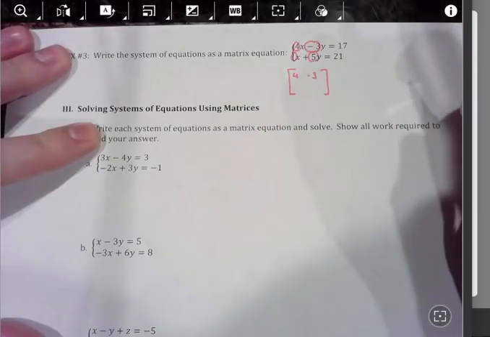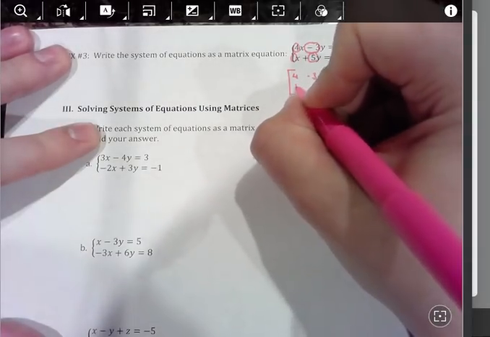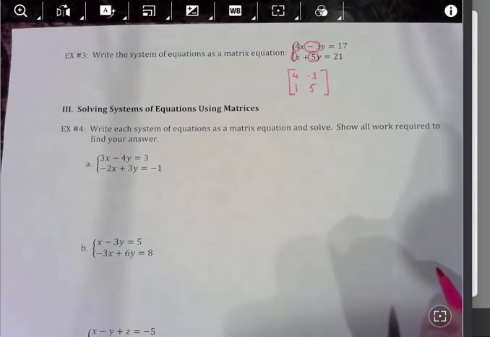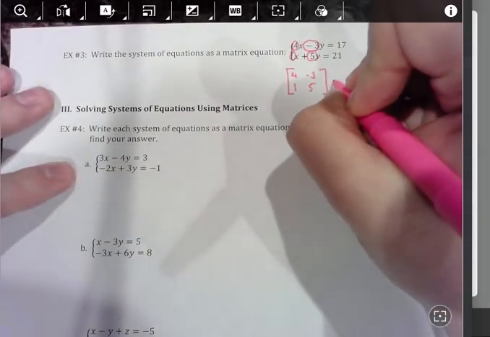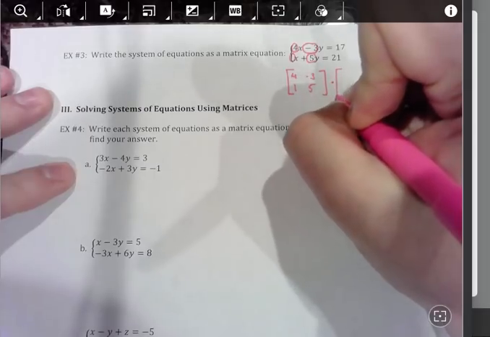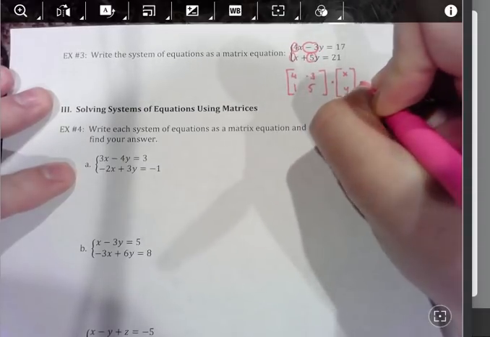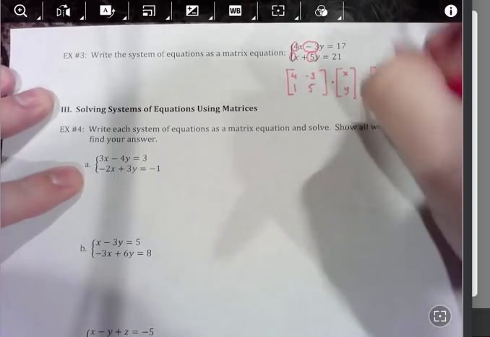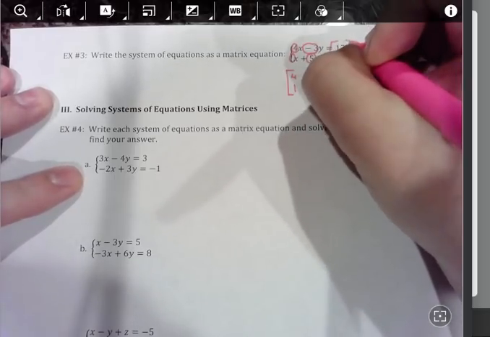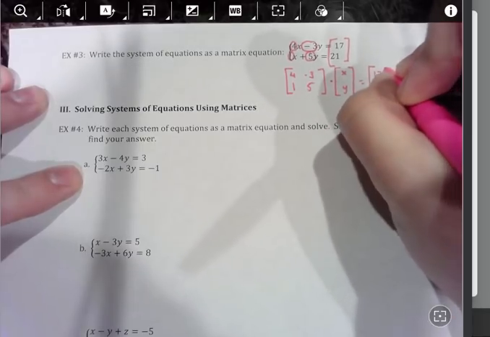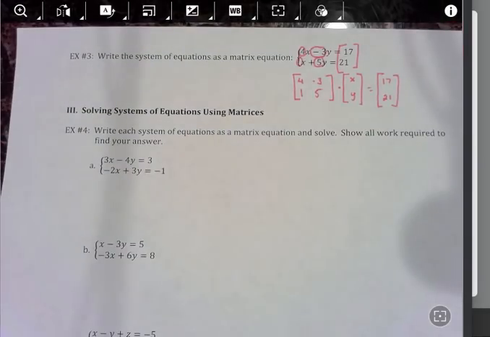Here we just have an x, so that means we're going to have a 1, because there's really one x there, and 5. Then that is going to multiply your variable matrix, x y, and that's going to equal your answer matrix, 17, 21.